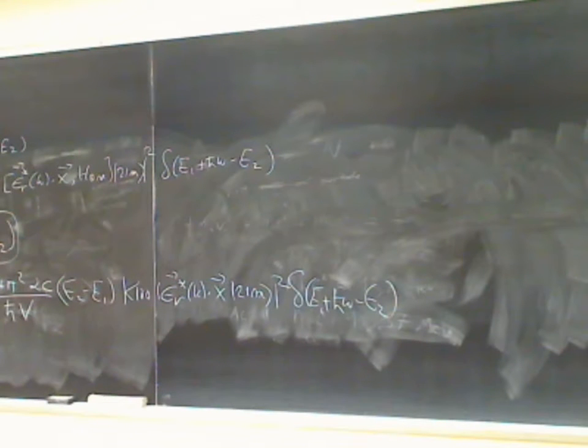We're going to choose our coordinate system so that the initial state has m equal to 0. That amounts to a coordinate system choice, so that will be the z-axis, and everything else will follow from that. Now we want to compute what this 2, 1, 0 is.